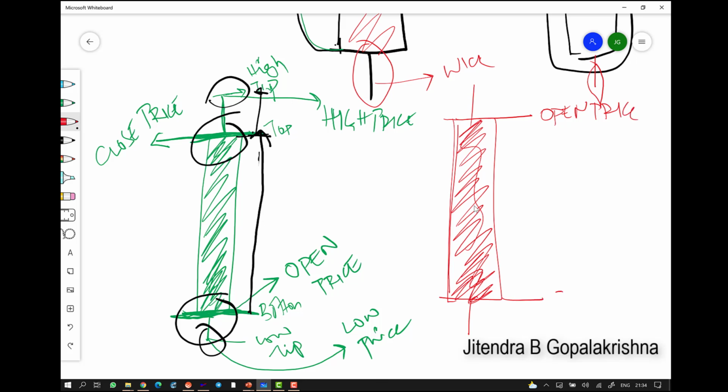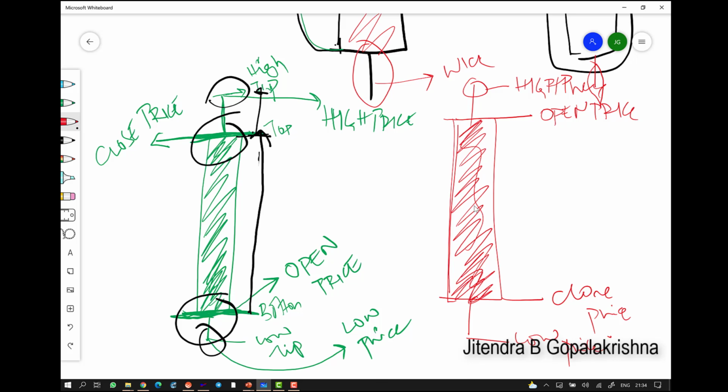This is the close price. This still remains the high price. And this is the low price. So open, high, low, close, even on a red.